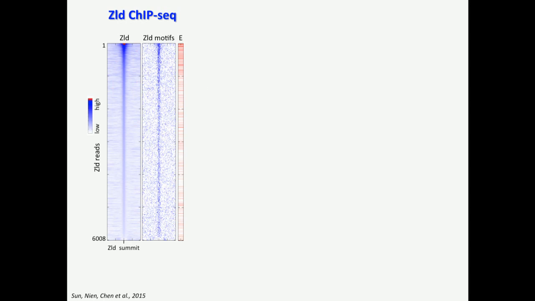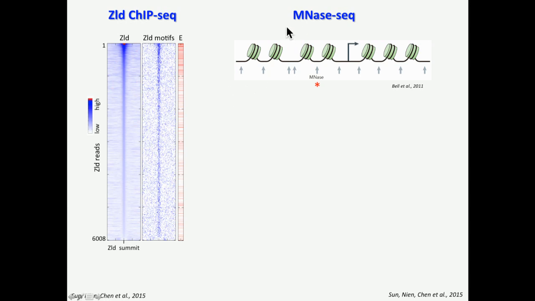Now to get at the other question about can Zelda open chromatin, so we've started to analyze that, and so we took the approach of actually looking at nucleosome occupancy, and so we used the technique MNase-seq. And micrococcal nuclease at the right concentration will digest DNA in between nucleosomes, leaving then the DNA wrapped in nucleosomes.